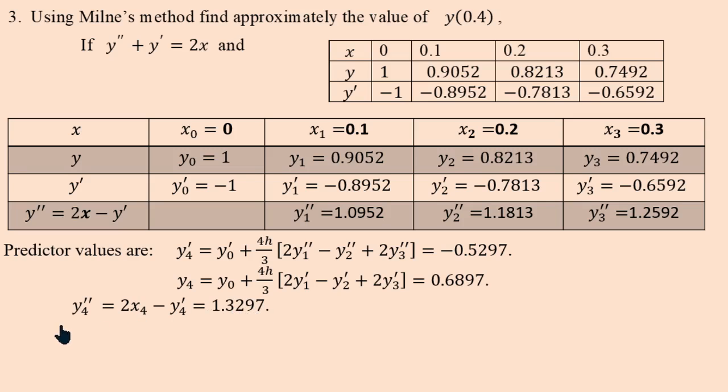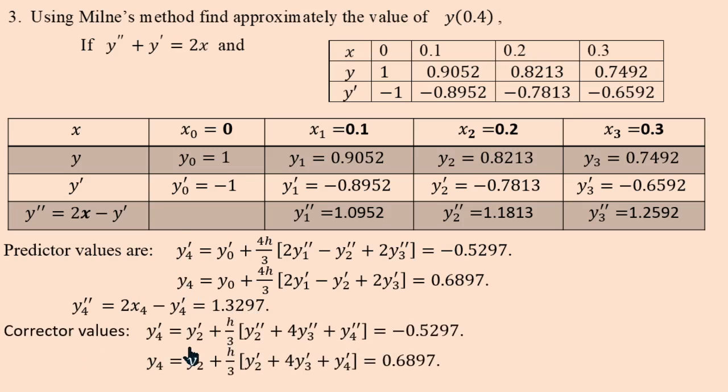Use this to calculate the corrector value of y4 dash, that is y2 dash plus h by 3 y2 double dash plus 4 times y3 double dash plus y4 double dash. y2 dash here minus 0.7813 plus 0.1 by 3, y2 double dash 1.1813, plus 4 times of 1.2592 and then plus this value 1.3297, that is minus 0.5297. This is the corrector value of y4 dash.